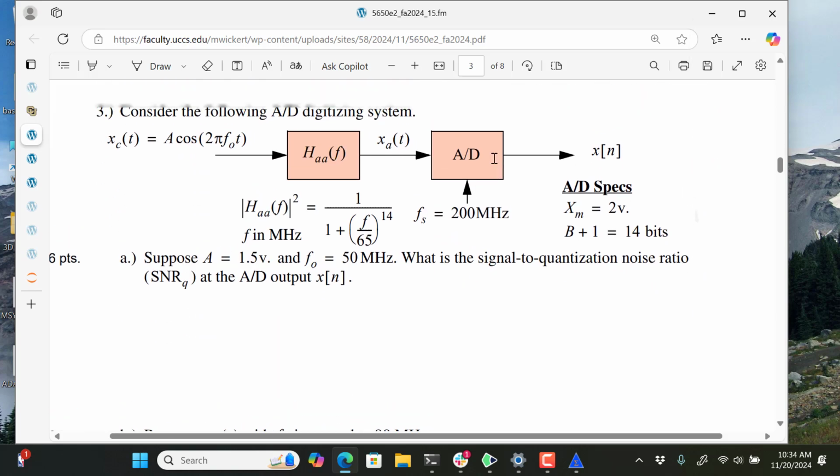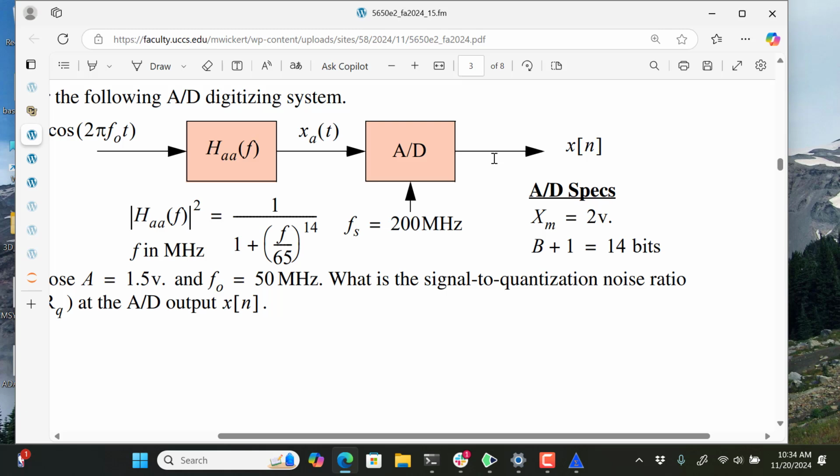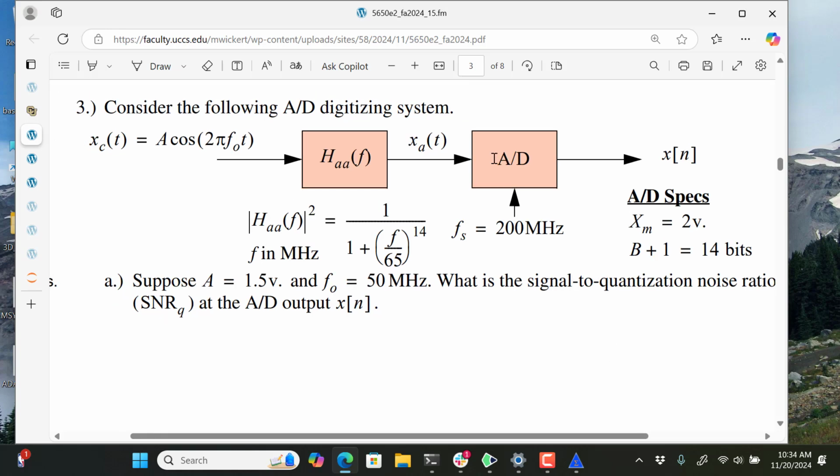Okay. This problem is sort of what you had on the last homework, except now I've thrown in a filter. So I've got an analog filter, and I'm going to model this system as if it's an anti-aliasing filter, and I'm going to simulate it using a Butterworth low pass in the DSP domain.